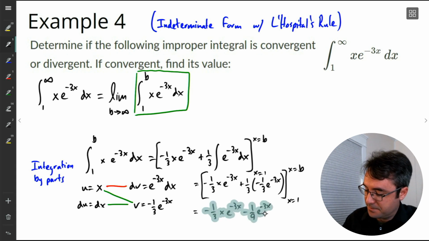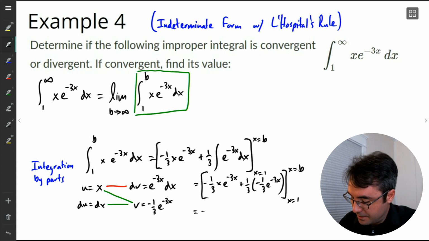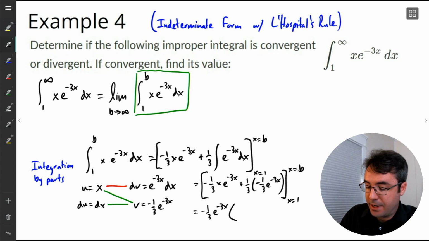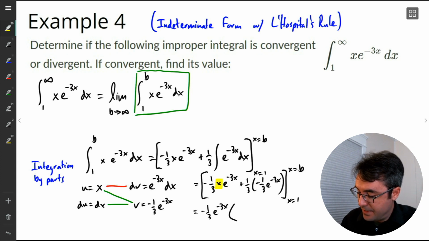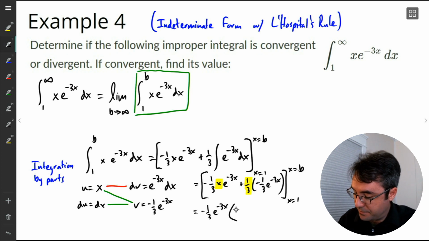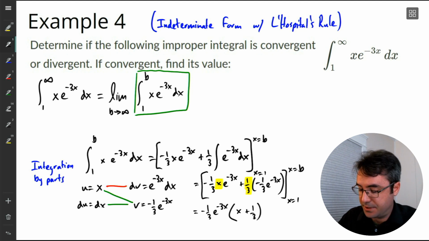Again, it's not necessary, but it's just going to help with this evaluation. So let's factor off a -1/3 and an e to the -3x. And what do we have left over then? We're going to have left over an x, and then a 1/3 from this other one. So we'll have x plus 1/3 left over. Again, not absolutely necessary, but it's going to make the evaluation a little bit easier.